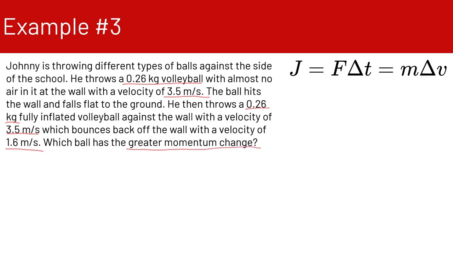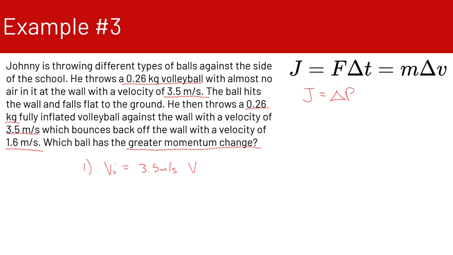Okay, so remember that momentum change is equal to impulse. So impulse is equal to the change in momentum. So let's look at these each. Okay, so for the first instance, when Johnny throws the ball against the wall, the initial velocity is equal to 3.5 meters per second.